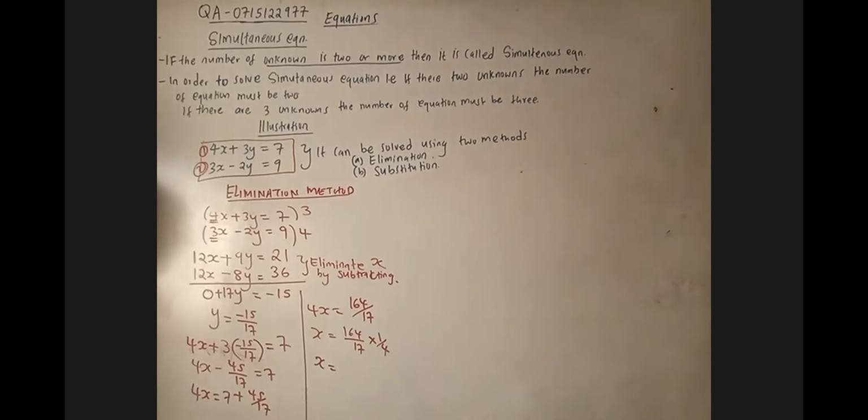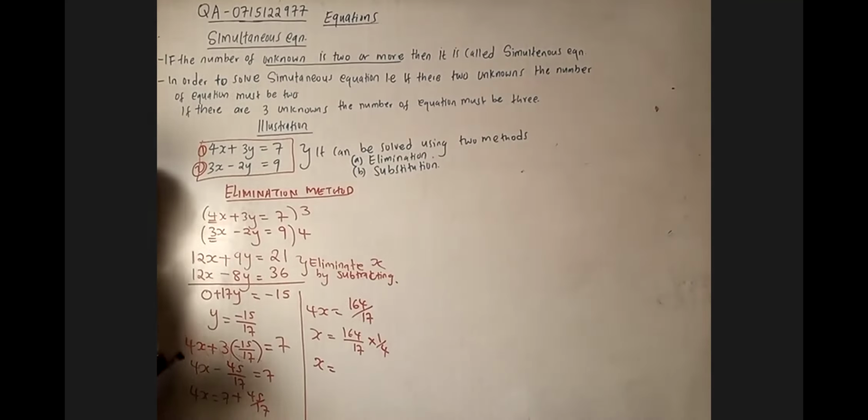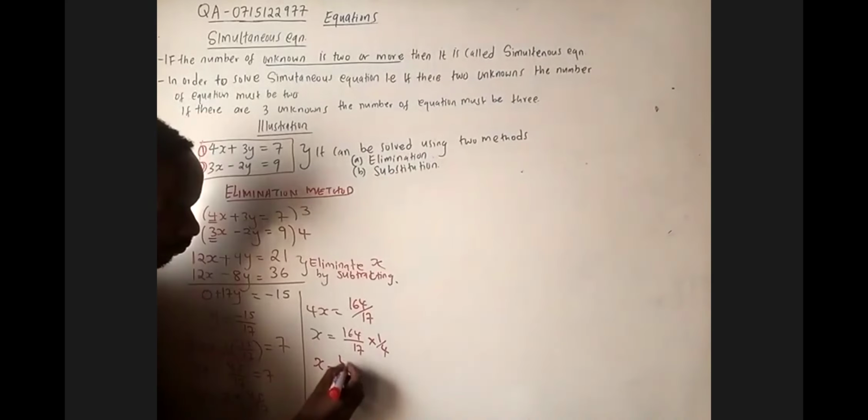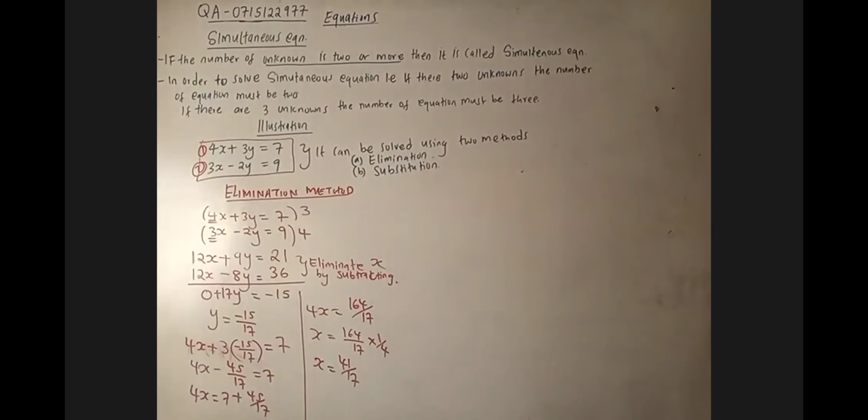Itakuwa hivyo? So that our answer is 41 over 17. Are you getting that one? Itakuwa ni times 1 over 4.